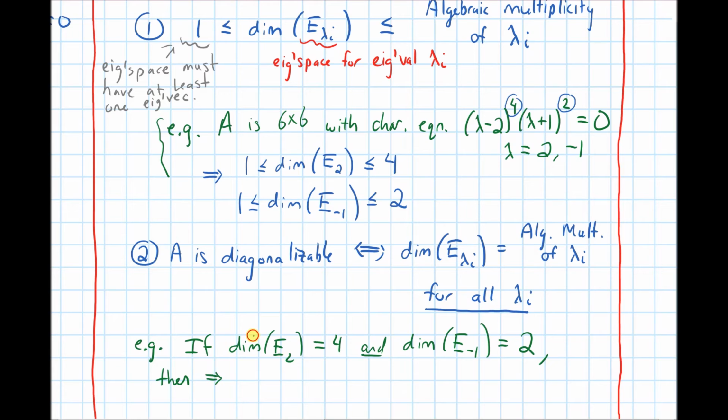We'll have 4 linearly independent ones from the eigenvalue 2, and 2 linearly independent eigenvectors from the eigenvalue -1. Because we have 6 linearly independent eigenvectors, that's a basis of eigenvectors. And when we have a basis of eigenvectors, that's when our matrix is diagonalizable.